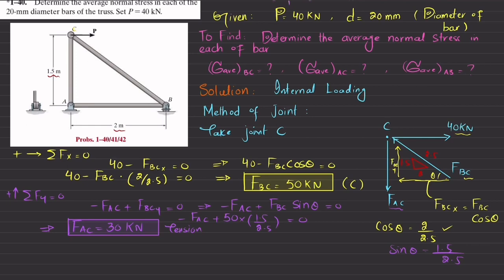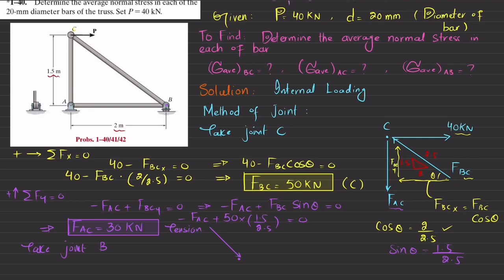Now we will find another equation of equilibrium by using the method of joints, and we will take joint B. So if you take joint B, this is point B and this is the load FBC.